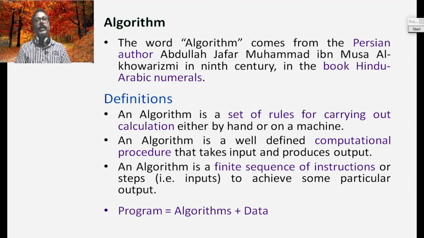So the word algorithm comes from the Persian author Jafar Muhammad Ibn Musa al-Khowarizmi in 19th century. It's difficult to pronounce the name, but the term algorithm was coined by that person.